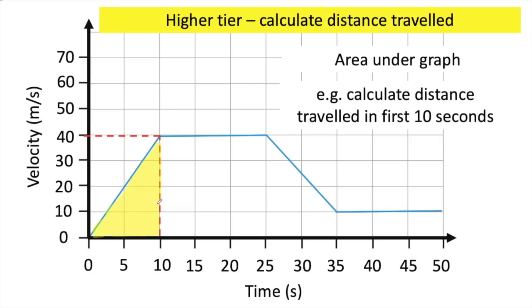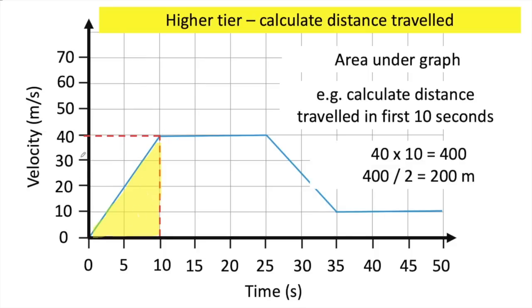So if we take some values from this graph, we're going to calculate the area. So if we do the area of the rectangle and then divide it by 2 to get the area of the triangle, that will be our easiest thing to do. So in the first 10 seconds, the velocity goes up to 40 meters per second.